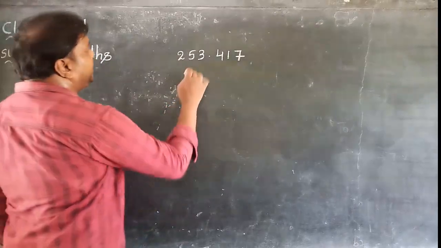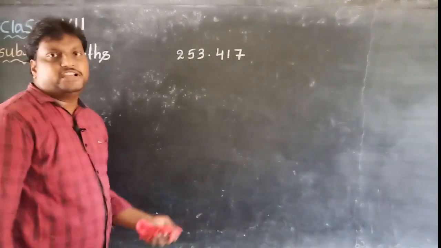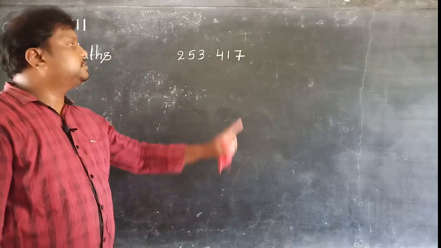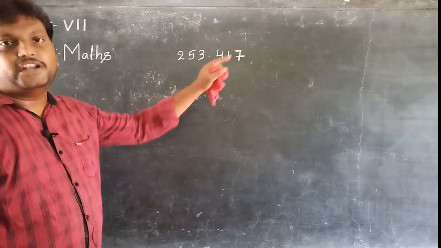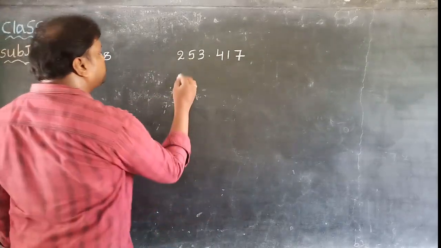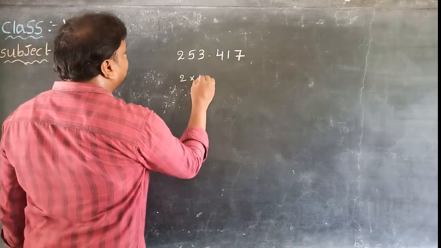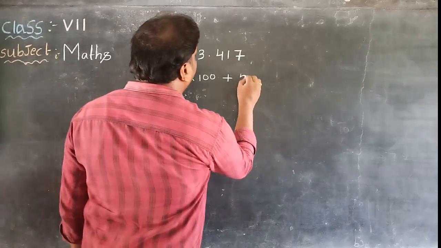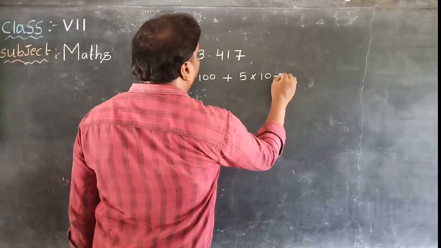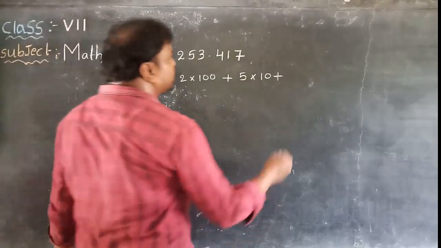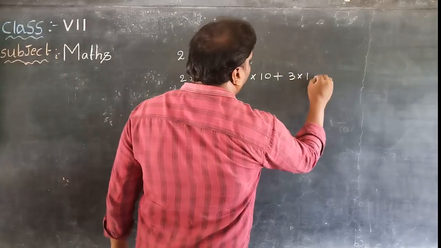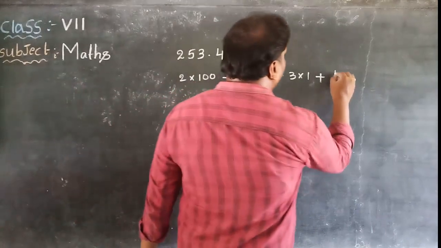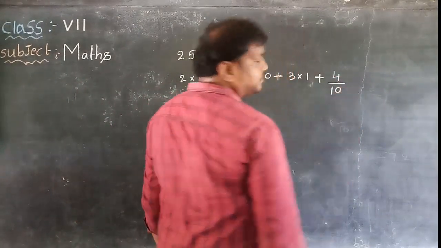Now see, 3 is in the ones place, 5 is in the tens place, 2 is in the hundreds place, 4 is in the 10th place, 1 is in the 100th place, 7 is in the 1000th place. Means 2 into 100 plus 5 into 10 plus 3 into 1 plus 4 by 10.